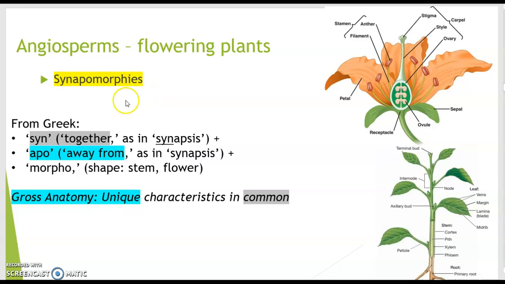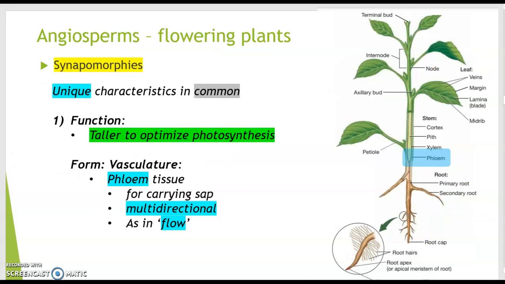There are 4 of them in angiosperms that we're going to go over. And the first one is this. Let's go over the function, and then the common form will come into view. The first thing that all flowering plants have in common for their function is that they are vascular and taller to optimize photosynthesis.